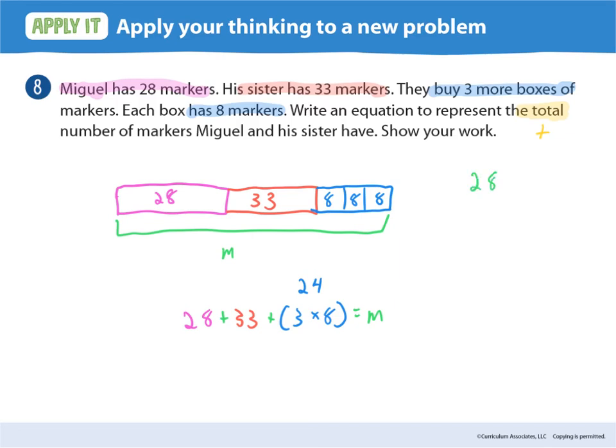We're going to go 28, 33, 24, add them all up. And this is how many markers they end up with. That's our total number. In this case, M equals 85.